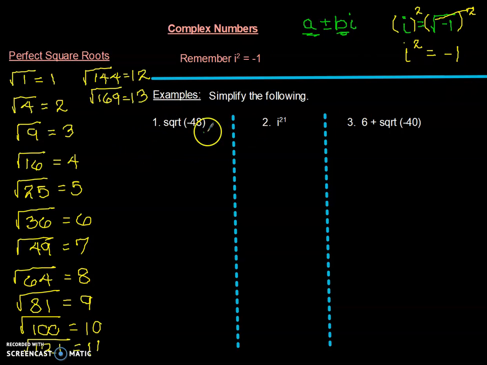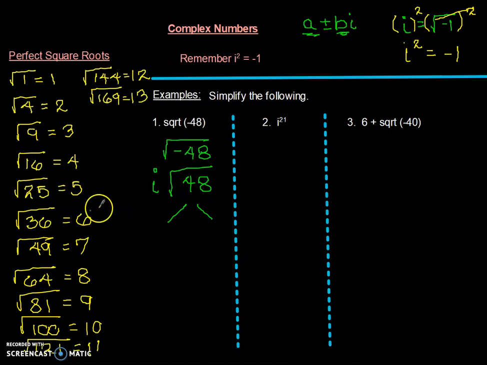So for instance, if you look at number 1, we're trying to simplify the square root of -48. Once you have a negative inside of the square root, you're going to rewrite that as i, meaning that represents the negative inside of it. So we took that out, which means we're left with just the square root of 48. To simplify the square root of 48, you're going to look for the largest perfect square that 48 can be divided by.